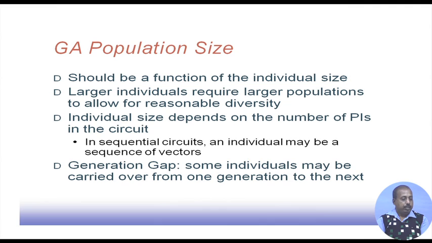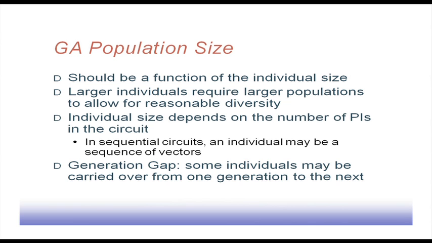Sometimes we encourage a generation gap. What it says is that some individuals may be carried over from one generation to the next. In the algorithm that we have seen, the population generation process from the current generation to the next is by means of crossover and mutation operators. But it may so happen that some good chromosome present in this generation gets lost when we generate the next generation population through crossover and mutation.